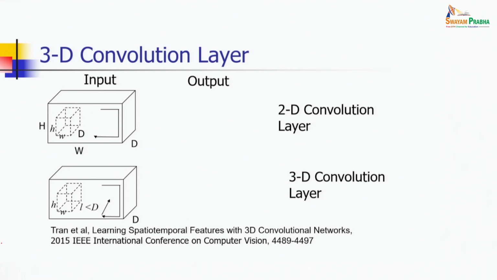Now, if I consider a two-dimensional convolutional layer, with an input in the form of images whose number of rows, or height, is h, width is w, and depth is d, which means each channel or component of the image is of size h cross w, and there are d such components.